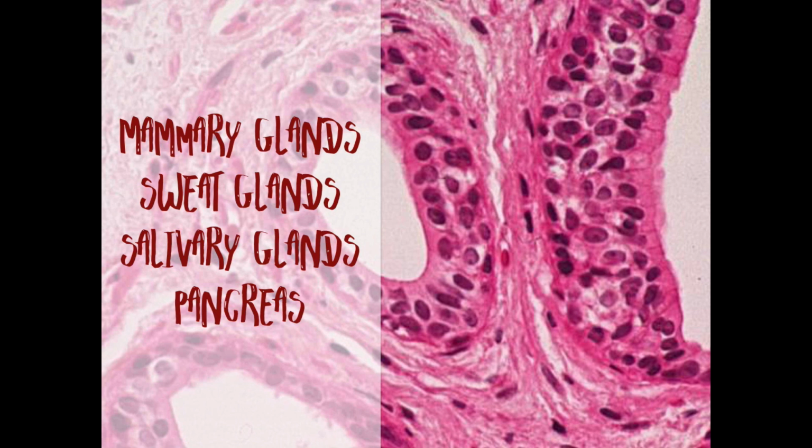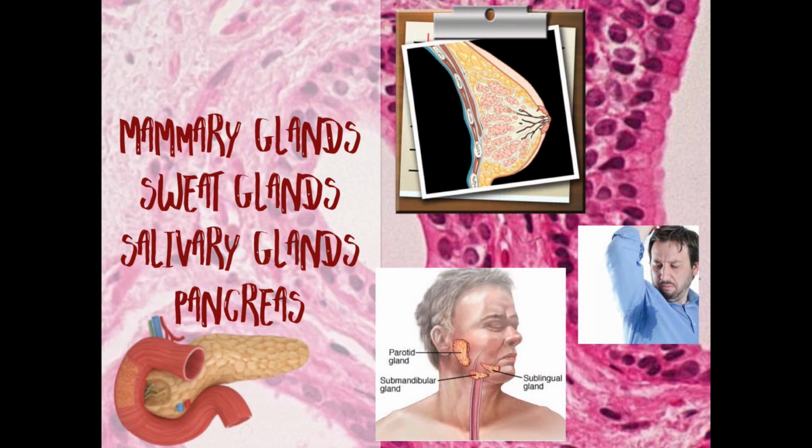These are areas that have more volume, which will produce more of whatever the substance is needed, as opposed to simple squamous, which is very thin, where things can diffuse like oxygen, carbon dioxide, or blood. So again, the mammary glands, salivary glands, pancreas, and sweat glands.